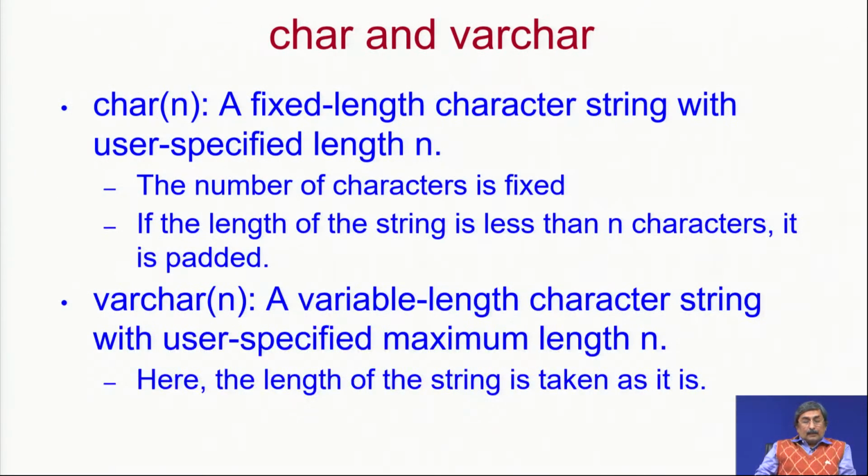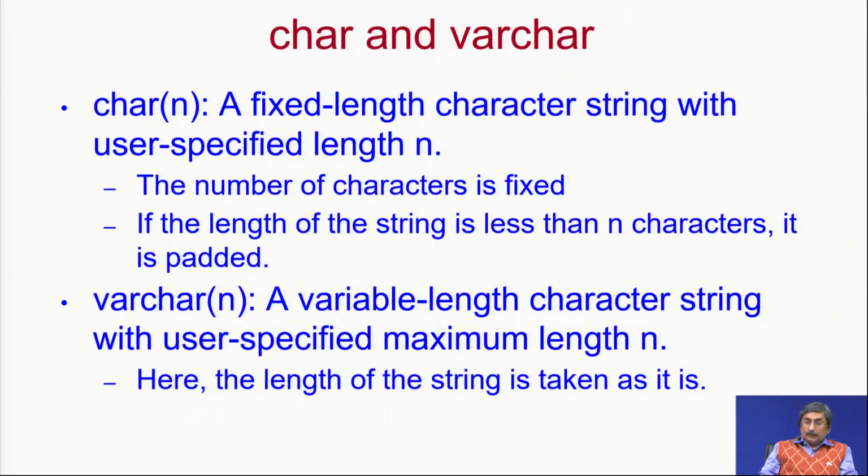Now, char and varchar: the difference is that char(n) is a fixed length character type like an array, the length is n. Even if you have declared a char(5) and you are storing just "hi", so only 2 characters, the remaining 3 characters are padded, and the length of that particular attribute or variable will be 5.